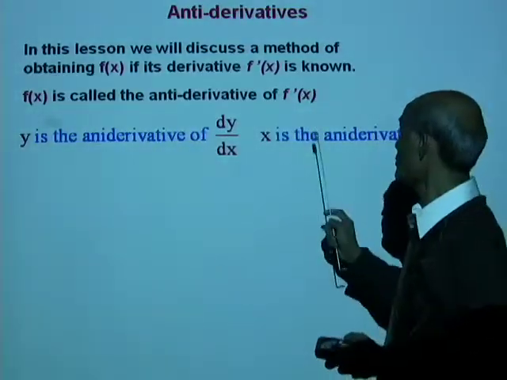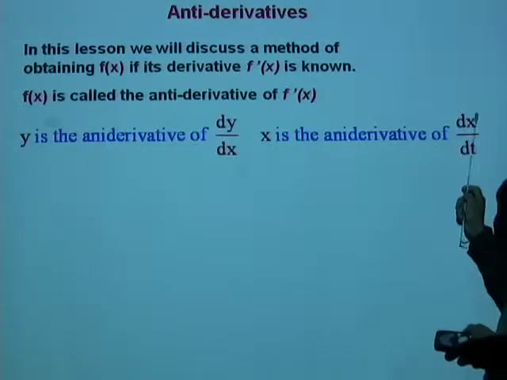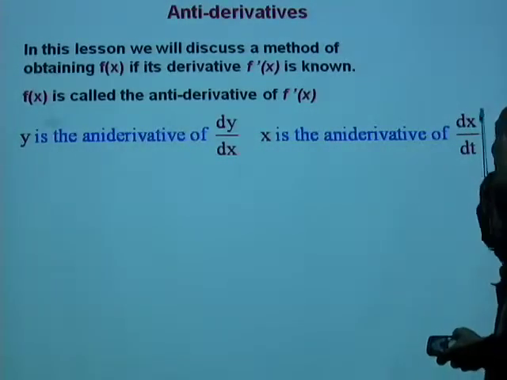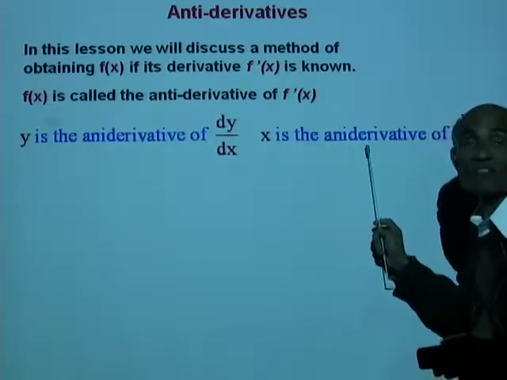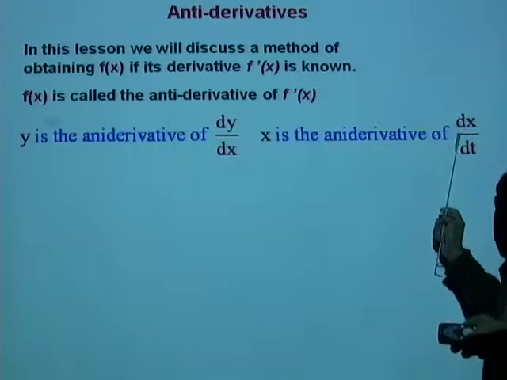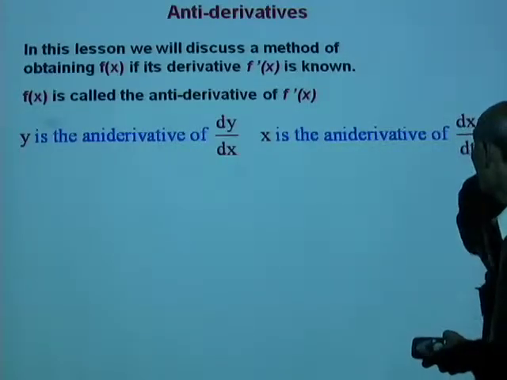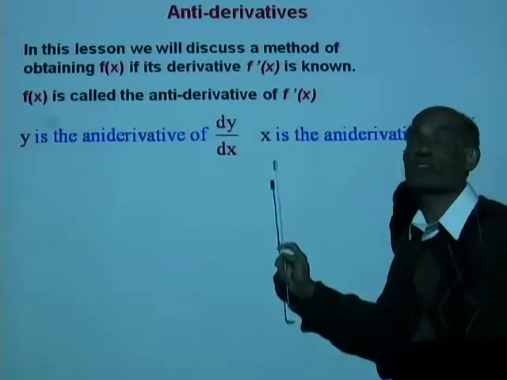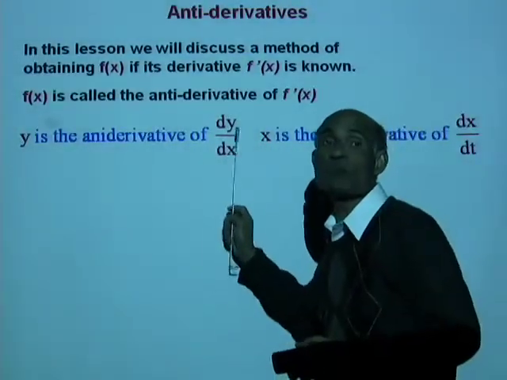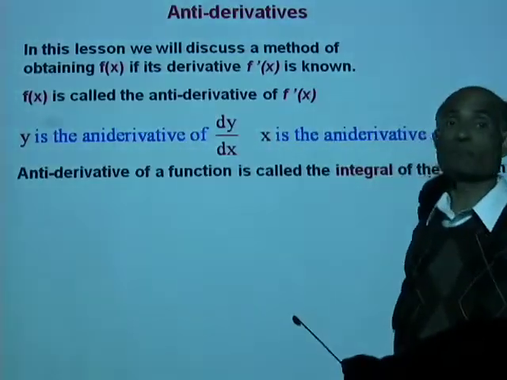So if dx by dt is the derivative of x with respect to t, then x is the antiderivative of dx by dt. In this lesson, if we know dx by dt, we will be able to find x. If we know dy by dx, then we will be able to find y.